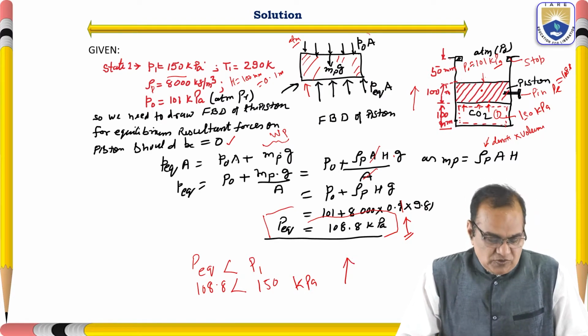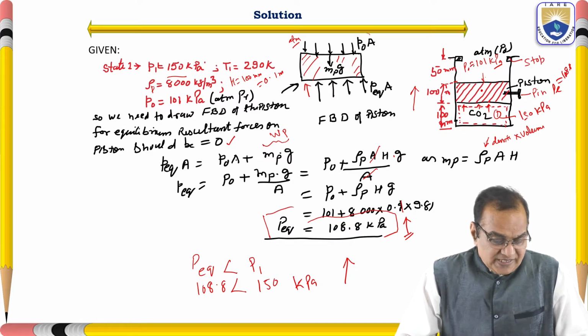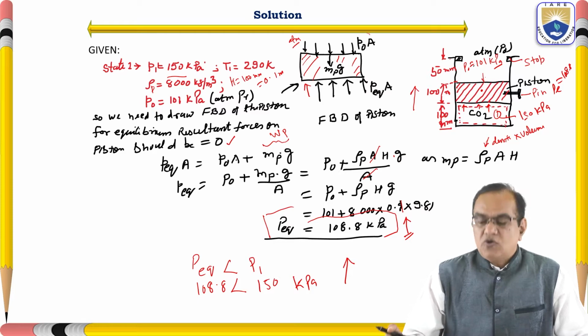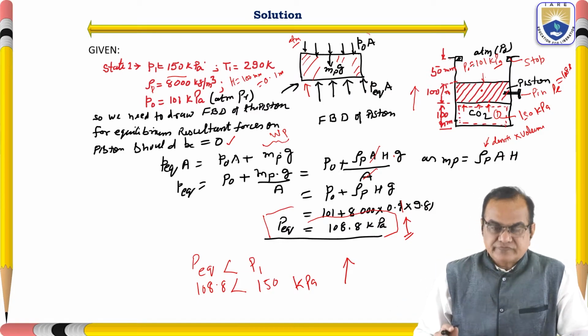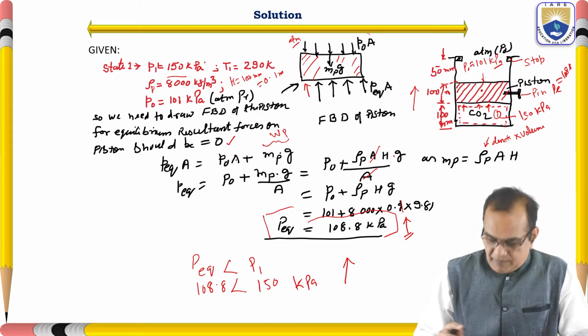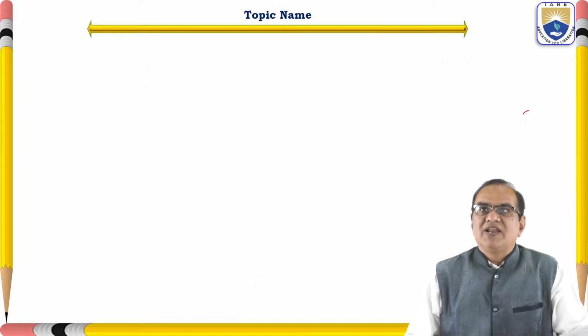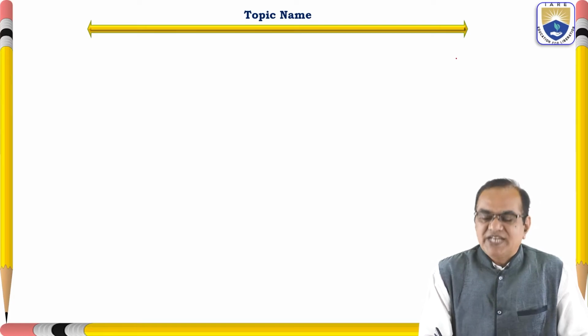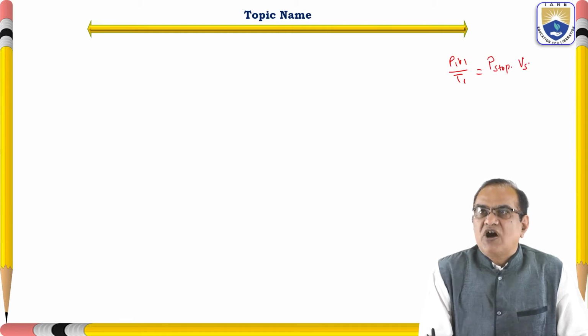Now we have to find out the other status, whether it is hitting the stop or not. So we know by the state equation, I will use here the state equation: P1 V1 by T1 is equal to P stop into V stop by T stop.